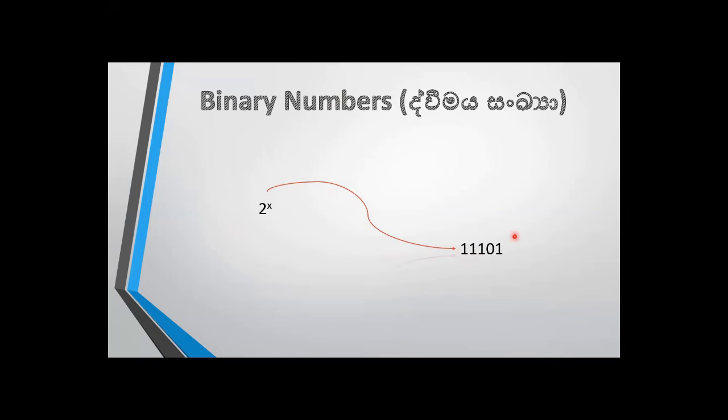So here you can see an example of how the binary numbers are getting represented. So if you take one particular section, it should include numbers between 0 to 1. That means it can include only two values, either 0 or 1.